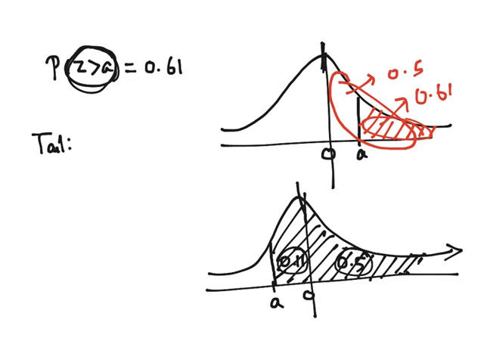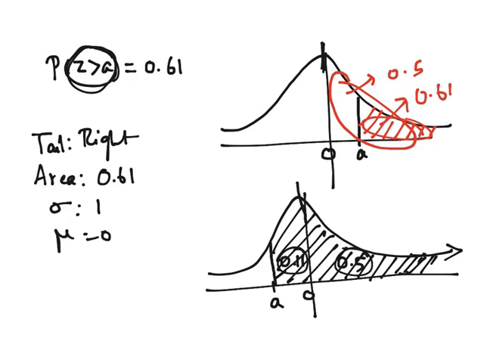So the tail is right. So enter right. And then area. Next it will ask you for the area. You enter 0.61. And then it will ask for sigma, which is 1. It will ask for mu, which is 0. So enter those values. So when you press execute, you will get A as minus 0.2793.